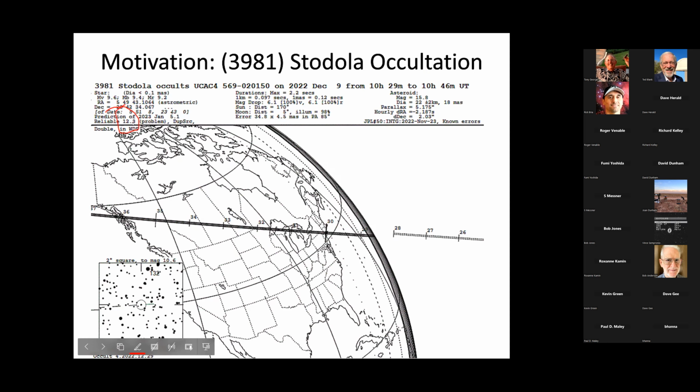Can I interrupt here, Kevin? Yes, please, David. That duplicate source flag is actually a Gaia duplicate source flag. Where's it coming from? It's held in the occult Gaia file, and when I created that file, the reliability flag was retrieved, as was the duplicate source flag.